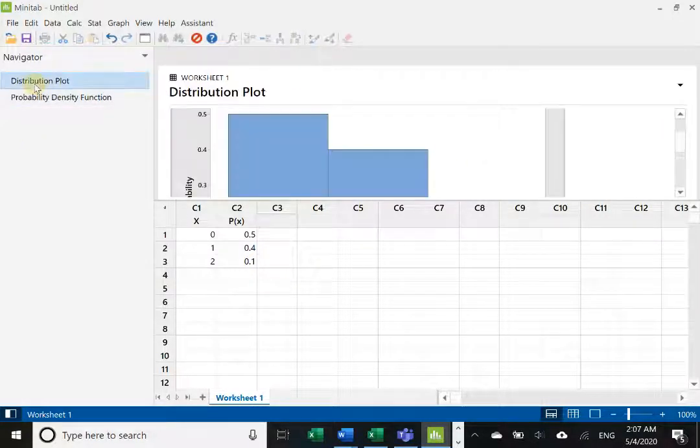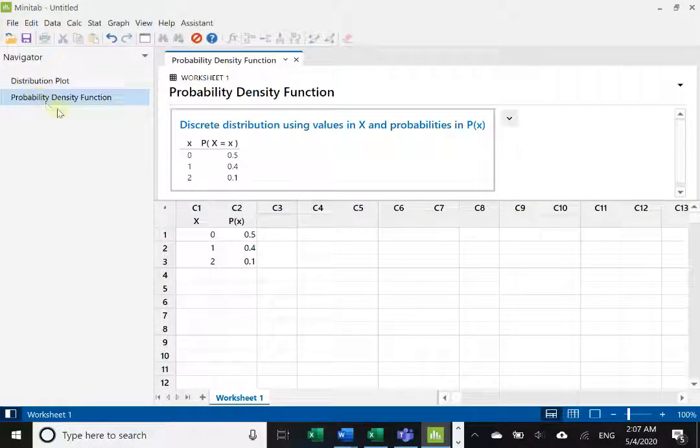Now that distribution plot, by the way, notice it's still there. You can recall it. And there's your probability density function. Oh, Minitab calls this density. It's actually incorrect terminology. Usually for discrete distributions, they call them probability mass functions. Density functions are used for continuous distributions. So I'm surprised that Minitab uses the terminology density for a discrete distribution.